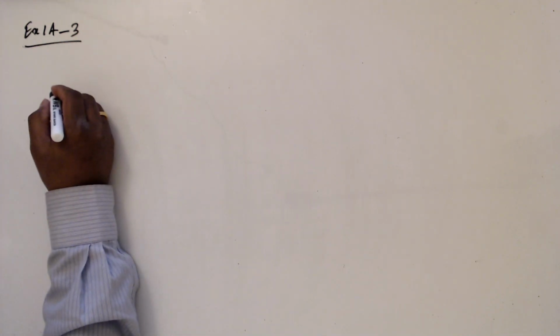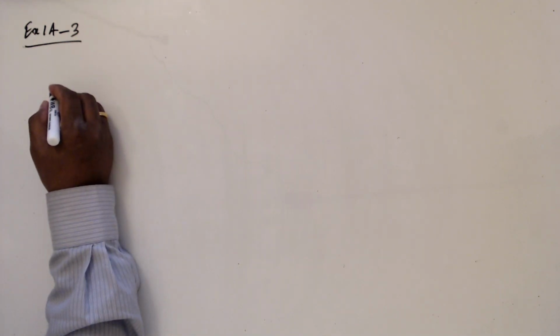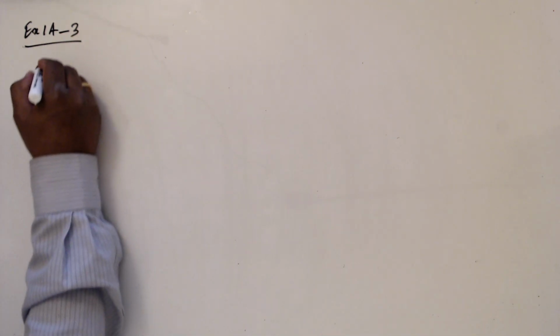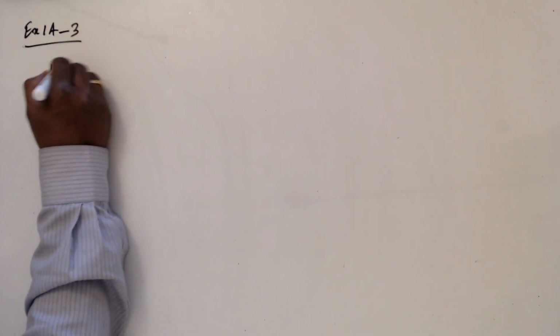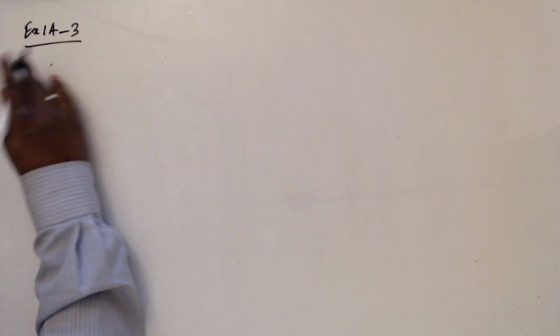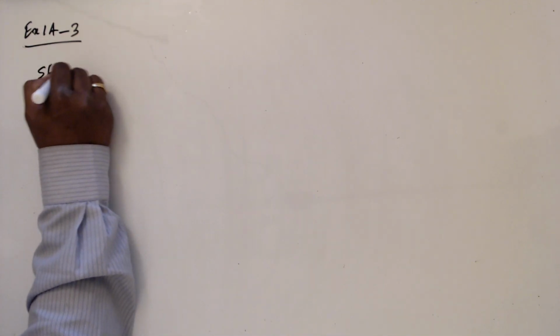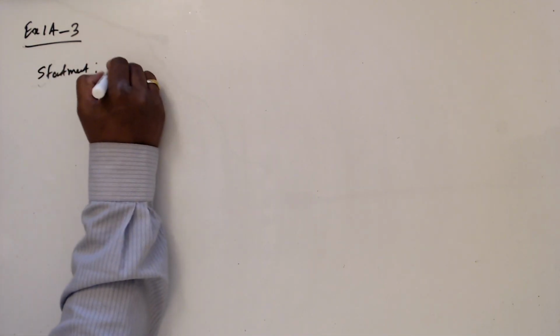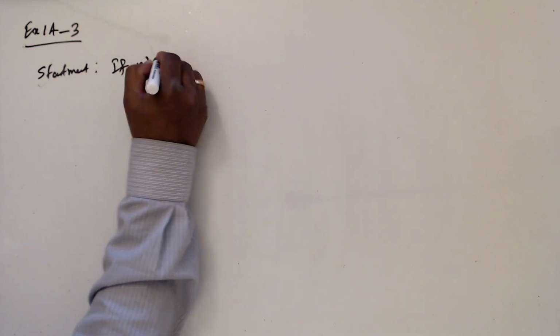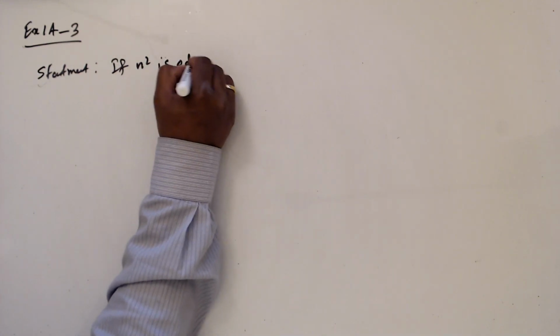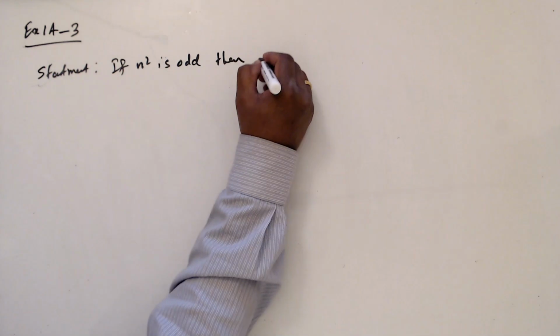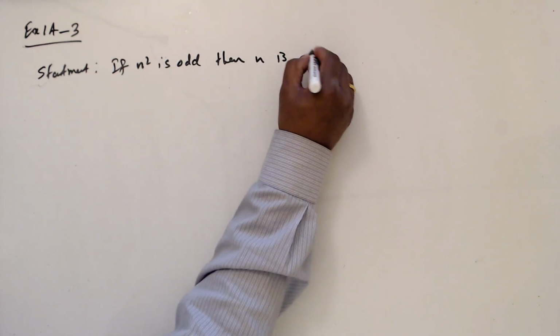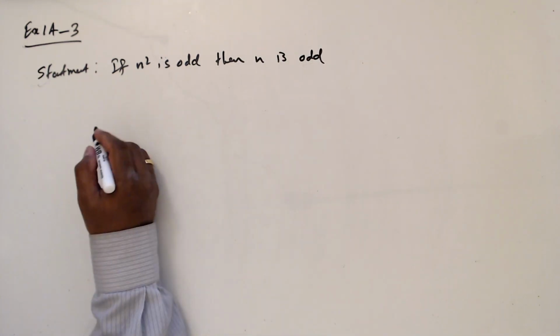Question number 3. If n square is odd, then n is odd. This is an if statement. We wrote the negation in the previous example.